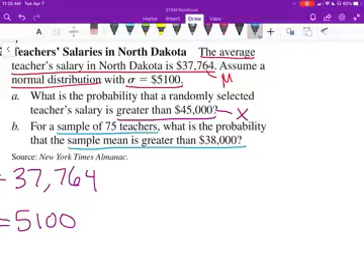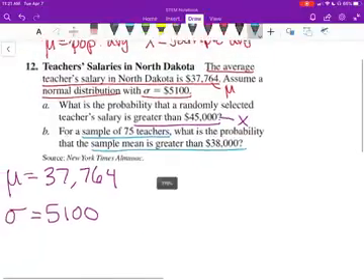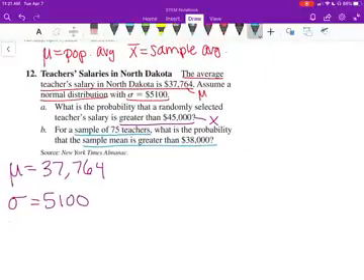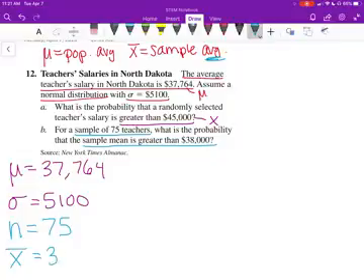Remember, sample size, like out of the entire population of North Dakota, you're going to sample 75 teachers. So that's how you know what your N is. So N is 75, that's our sample size. And the sample mean, or sample average, same thing, X bar is 38,000.